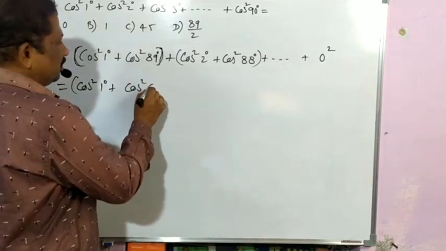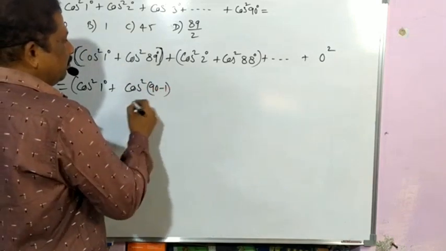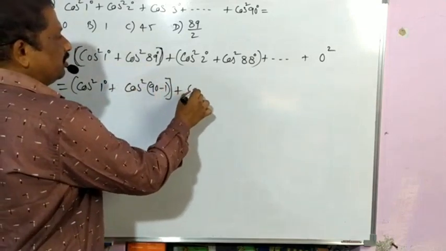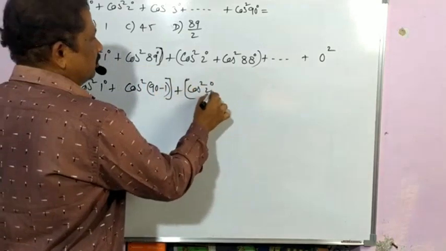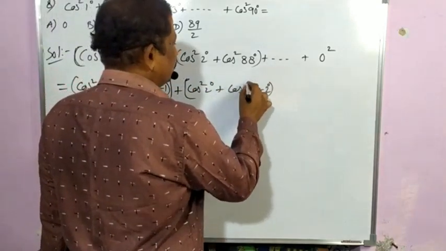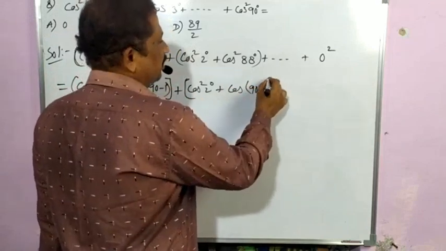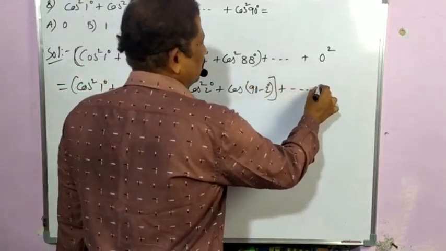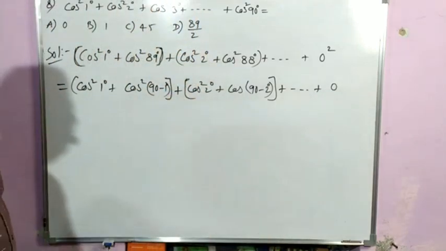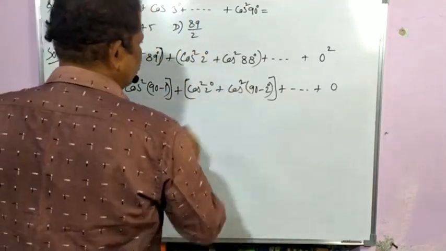So cos square of 90 minus 1 will become 89 now. Same way, here also I am going to write cos of 90 minus 2 degrees. Here 90 minus 1 degree, here 90 minus 2 degrees, plus so on. This one becomes 0. Here cos square comes, don't forget the square.